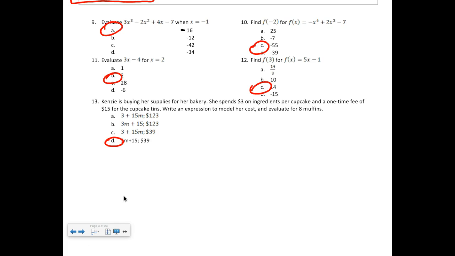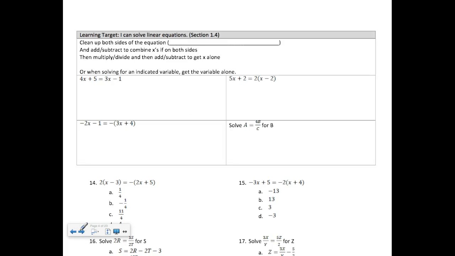All right. We're going to move on to chapter, well, it's still chapter 1. This is when we were solving things. Luckily, these are things we've been doing all year. So again, we've been solving things. It's just been more intense. So remember when we're solving these, we're trying to get x on one side and then solving using our solving skills. So as I look at this problem, I want to first get my x's together. So I'm going to subtract the 3x from both sides.